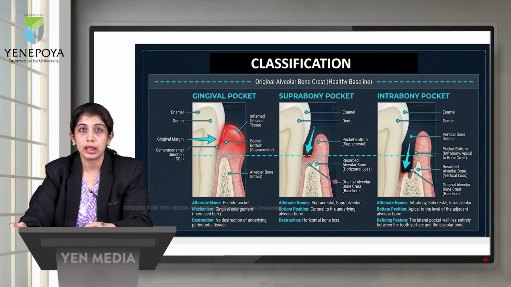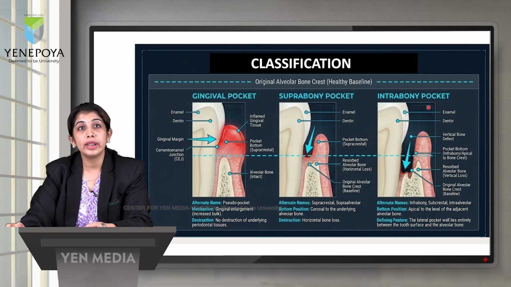So what does this mean? We all see in this there is an alveolar bone level. Though there is resorption, there is a level of alveolar bone and the base of the pocket is very much coronal to the alveolar crest. So the base of the pocket is coronal to the alveolar crest in a suprabony pocket. The bone loss most commonly in such pockets is horizontal bone loss.